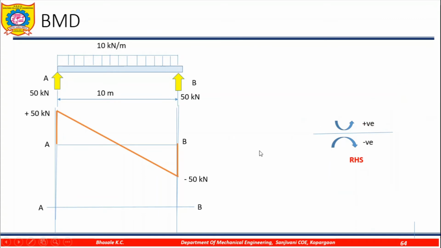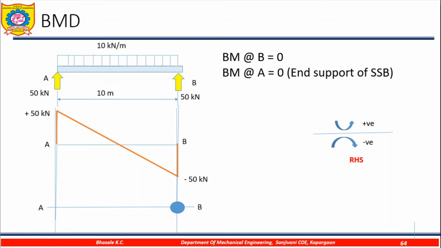Next we have to find the bending moment diagram. At point B it is 0, and at point A it is 0, because both are end support points of the simply supported beam. But now there are only two points, and we are not able to draw the parabolic curve.